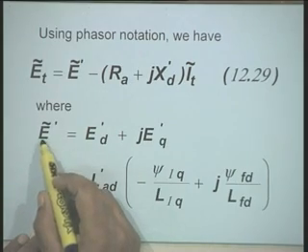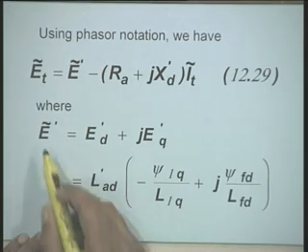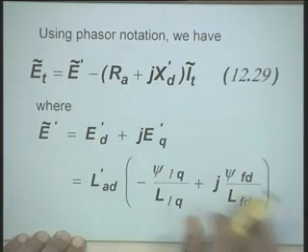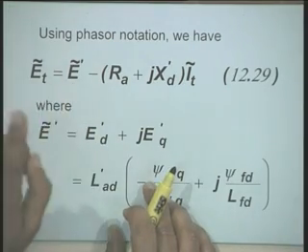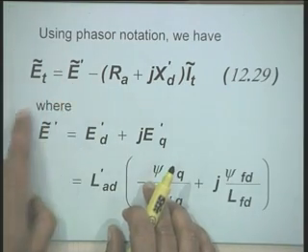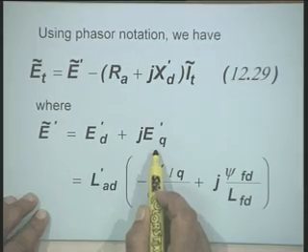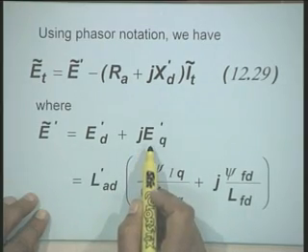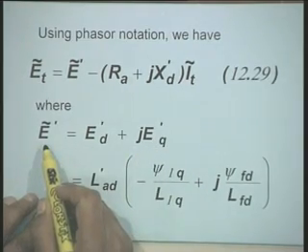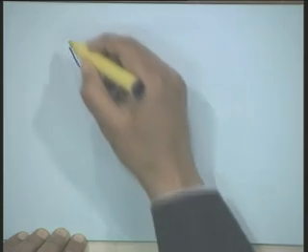Once these two voltages are constant, I have established here that this voltage E prime, that is the voltage behind transient reactance, can be written as E d prime plus j times E q prime. And when these two voltages are constant, this E prime is also constant. Now, suppose I consider that this is my q axis.